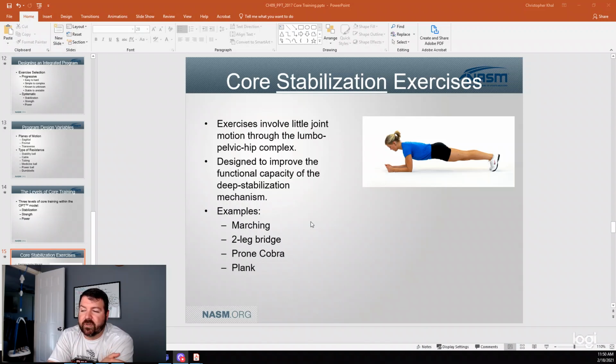That's just a bridge where you're on your back with knees bent, and then you lift your hips off the ground using your glutes. You can do holds, you can rep it out, however you want to do that, keep it interesting. Prone cobra, you're on your stomach, more of an extension exercise. And the plank as you see listed here. So again, these are your stabilizing exercises, excuse me.